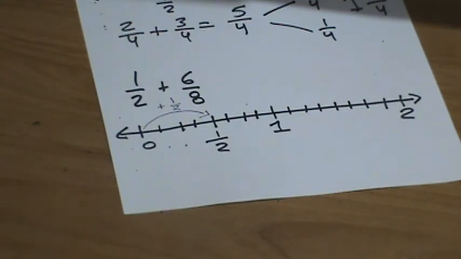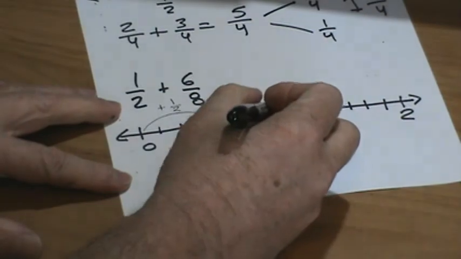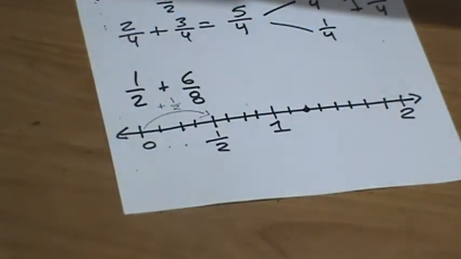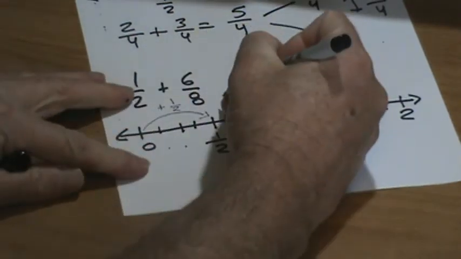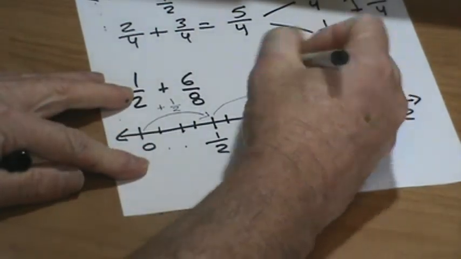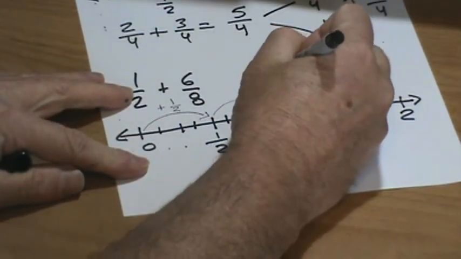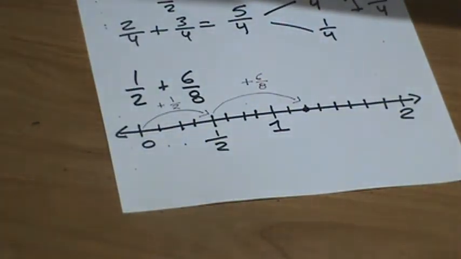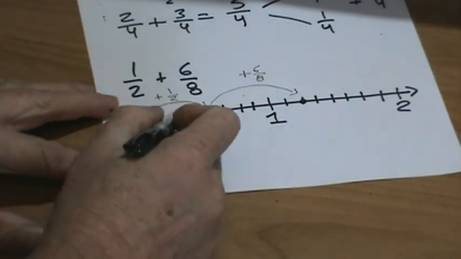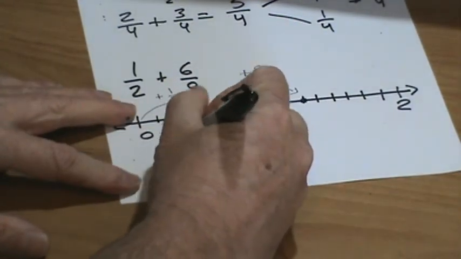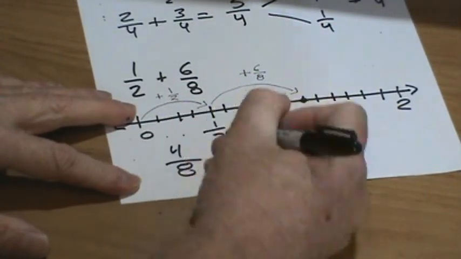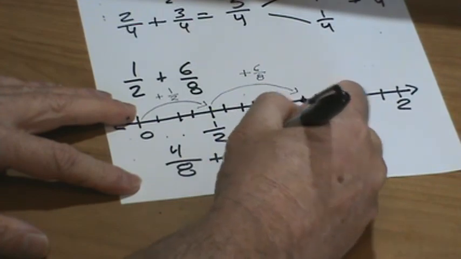So we're going to add on 6/8. 1, 2, 3, 4, 5, 6. And then we're going to show that addition. Plus 6/8. And now we're ready to add. So what do we have? The 1/2 became 1, 2, 3, 4/8 plus 6/8.